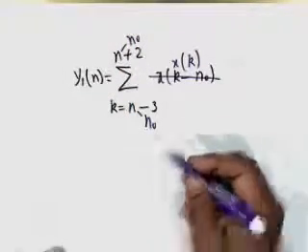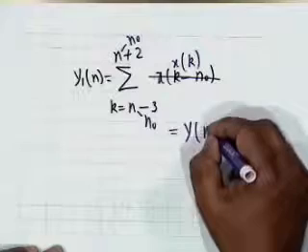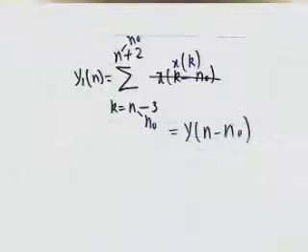It is the same, and therefore this is equal to y of n minus n0, which means that the system is indeed time invariant. You see, the logic of the argument has to be proper, it has to be correct. The other way, it is not correct.